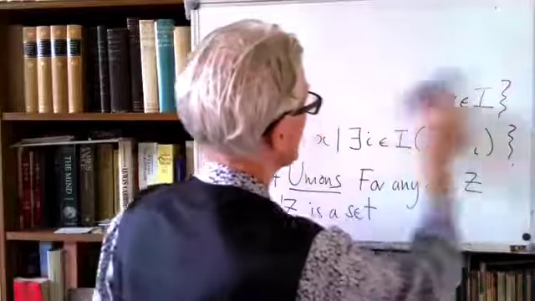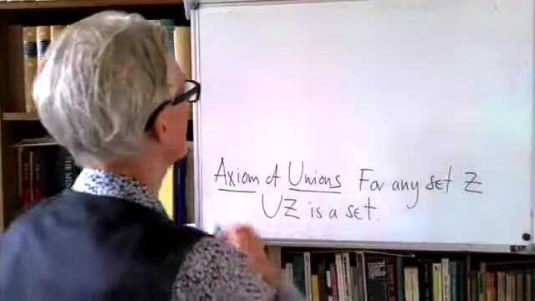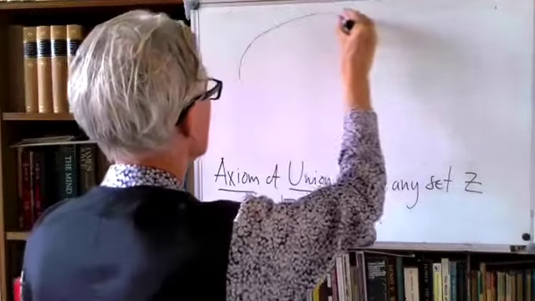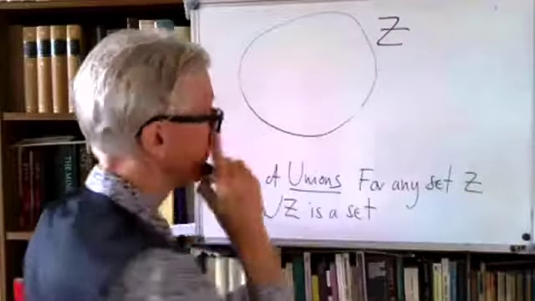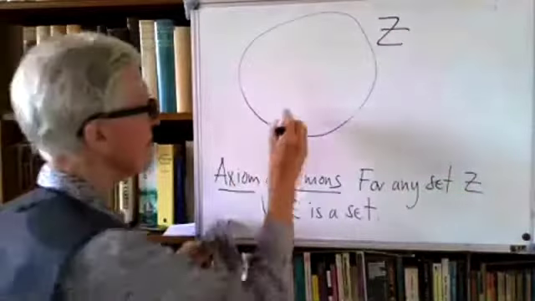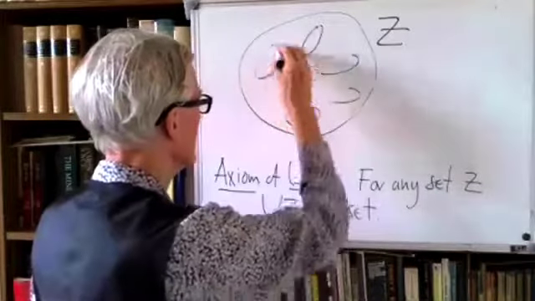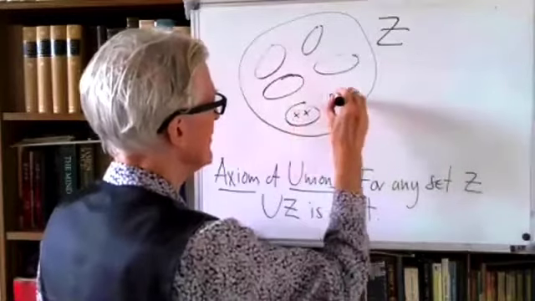And there's a picture that I could have drawn before. Here's Z. And Z consists of all of these sets. And these sets contain various gadgets.